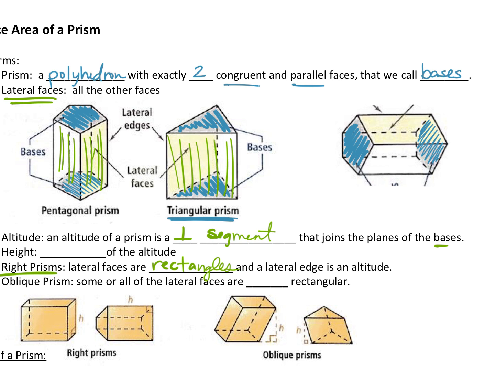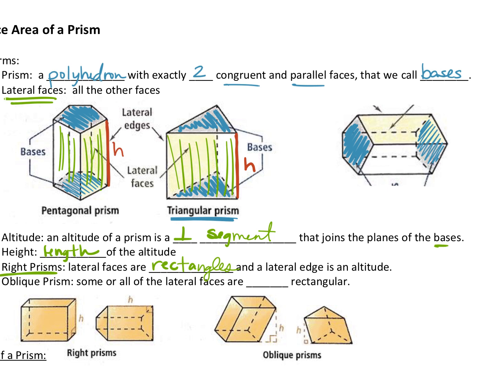The height is the length of that altitude. So height and altitude are pretty interchangeable. If I look at this picture, I would say this, the red, is my height. It's the distance between the two bases. If I look over here, I would say this is my height, the distance between the two bases.